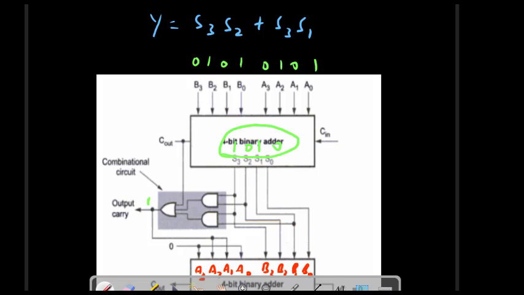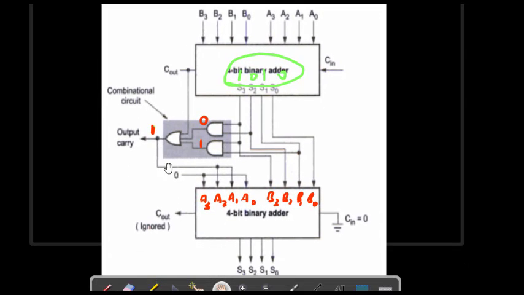Because of this 1010, S3 and S1 becomes 1 and 0, so this input of the OR gate becomes 1. As it becomes 1, the inputs become 0110, which is 6.